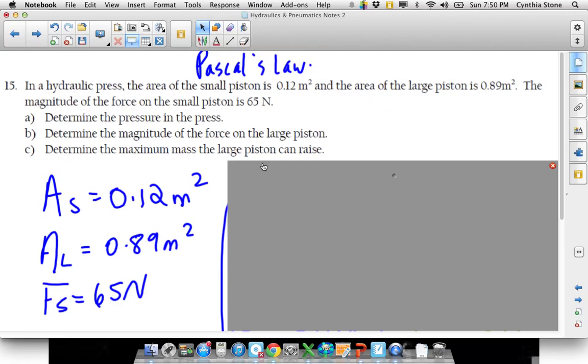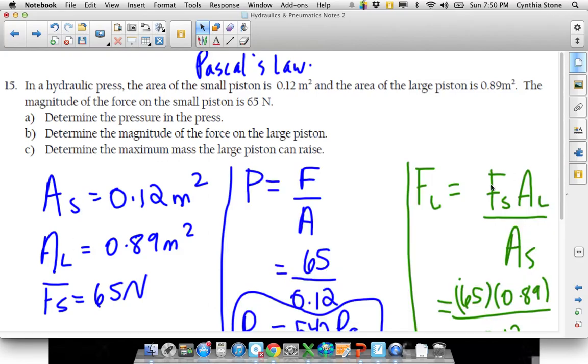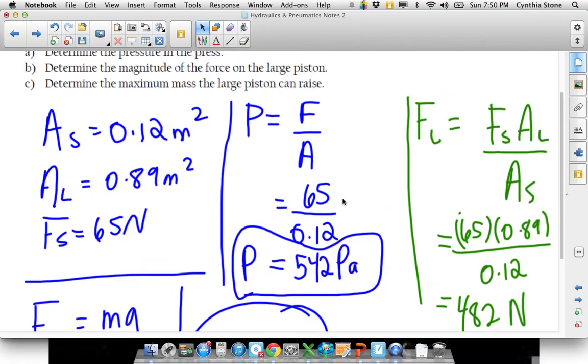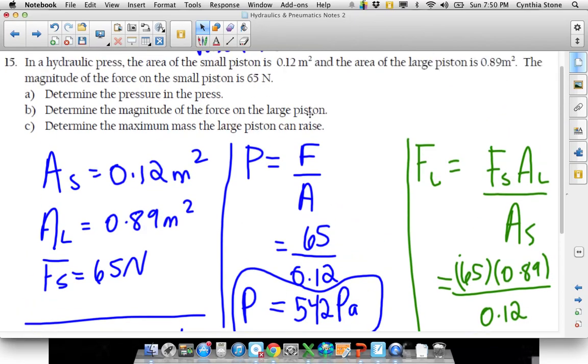Pascal's law. So here we have a small piston, 0.12 meters squared, a large piston of 0.89, and we're given Fs, force on the small piston. So first determine the pressure. So actually that step is just Fs divided by As. Okay? And then it says determine the magnitude of the force on the large piston, so FL. So you use this equation here, which hopefully you have on your formula sheet by now.